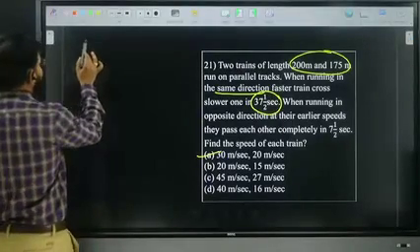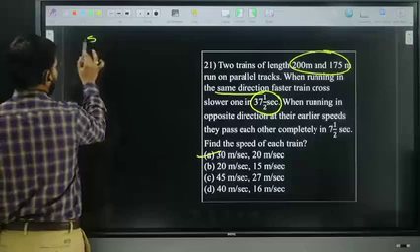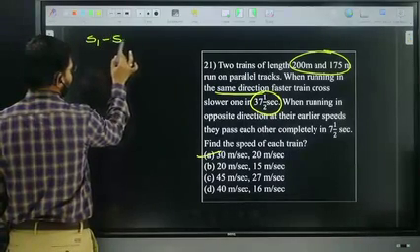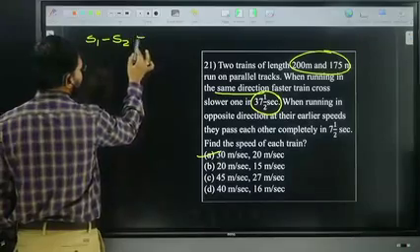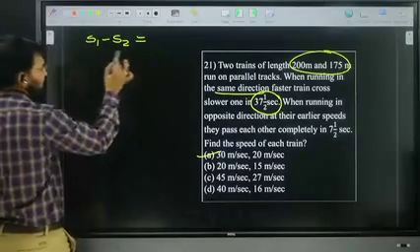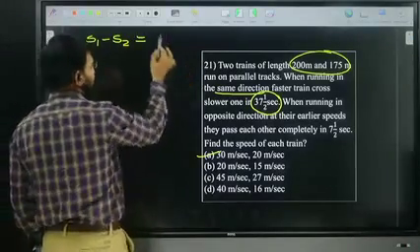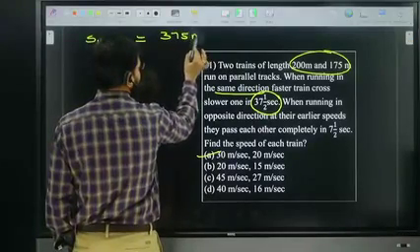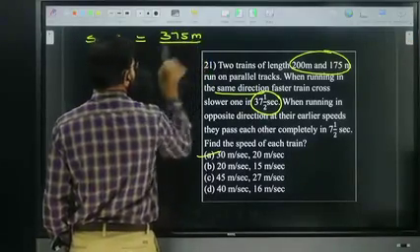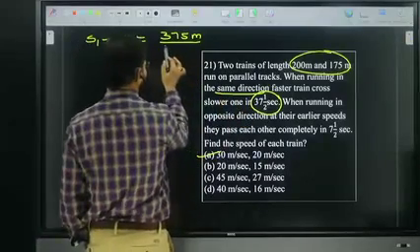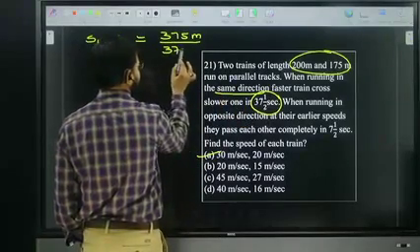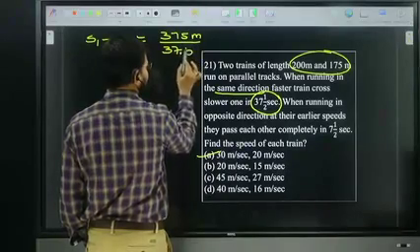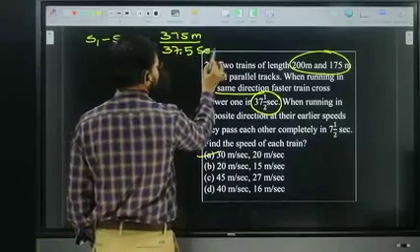So we need relative speed. In the same direction, the relative speed is S1 minus S2. General speed is nothing but distance by time. Distance is 375 meters, divided by time, 37.5.